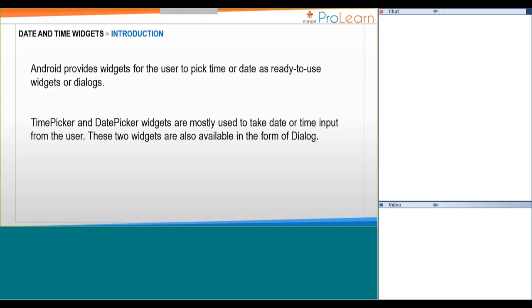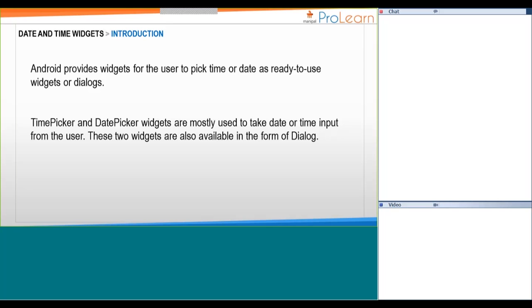Android provides widgets or controls for the user to pick time or date, which are ready to use widgets or in the form of a dialog. Time picker and date picker widgets are mostly used to take date and time input from the user. These two widgets are also available in the form of the dialog.